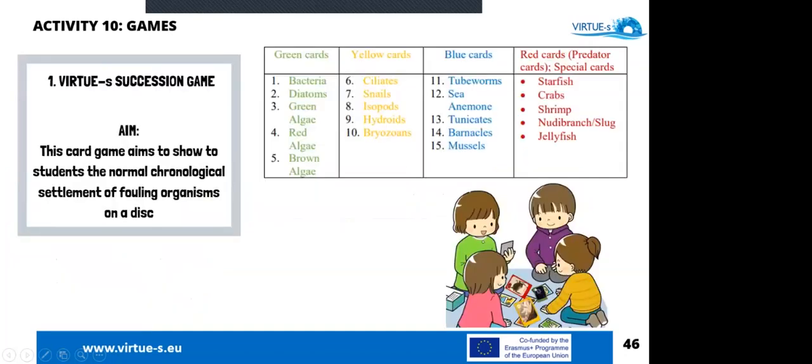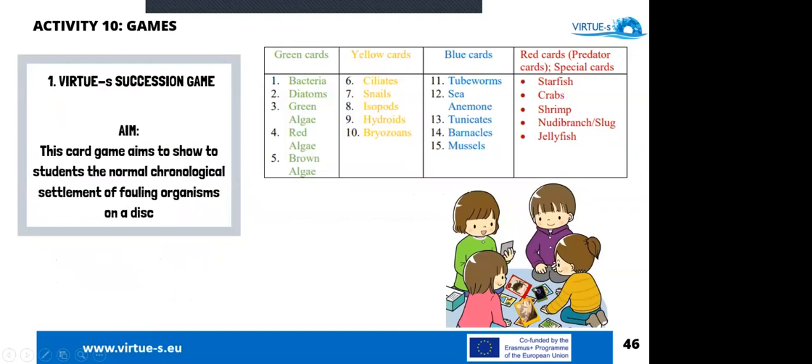The first game is the Virtuous Succession game. The aim of this card game is to show the normal chronological settlement of fouling organisms on the discs. While playing, they will simulate on a board the chronological settlement of organisms, starting from the pioneer species, such as bacteria and diatoms, ending with the predators, the red cards.